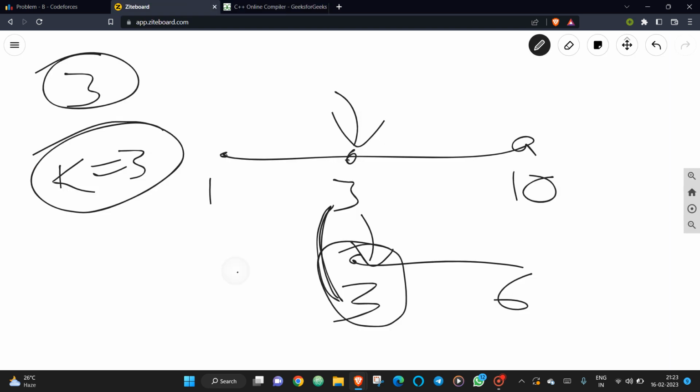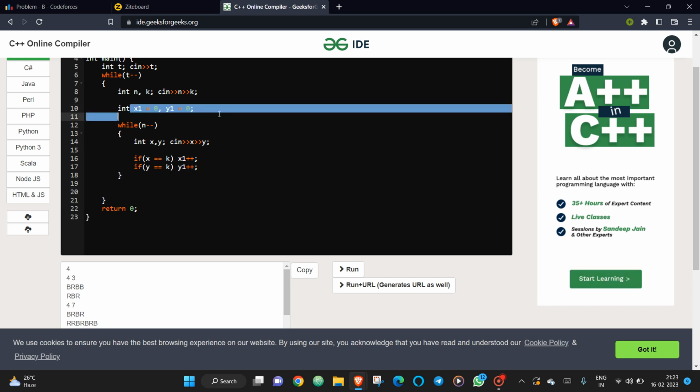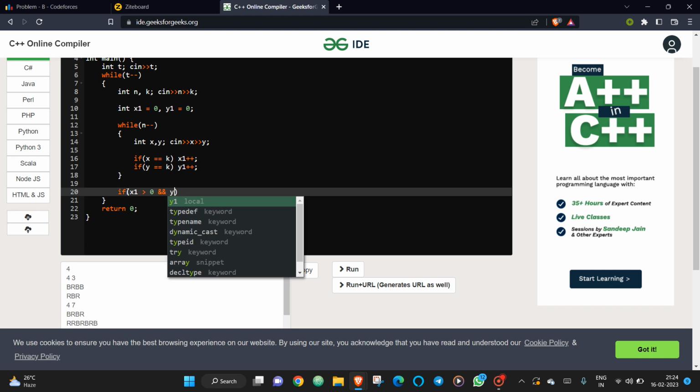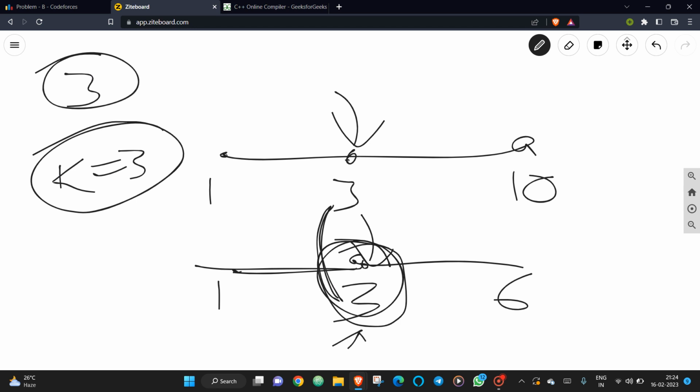You just take some flag variables to indicate that, and if it is acting as an endpoint in both the coordinates, then you get the overlapped range like this.